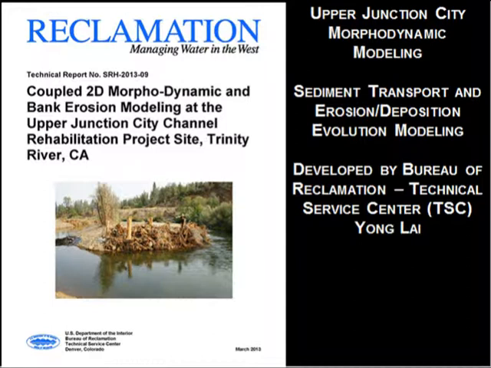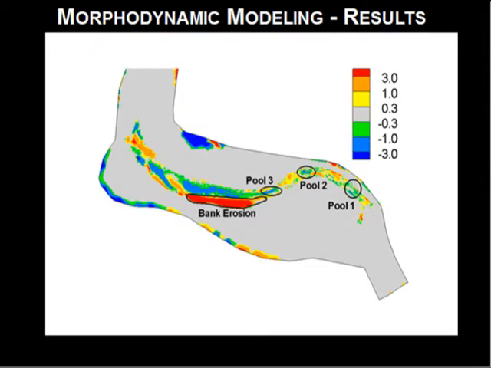And so my colleague Dr. Young Lai and Dave Guyman both did morphodynamic modeling at these sites and really helped inform some of the alternatives. This is just a snapshot showing the different pools that we were concerned about, as well as some bank erosion that we were predicting would happen. These morphodynamic models can do predictive, step process iterations to look at how it might perform from an evolution perspective.